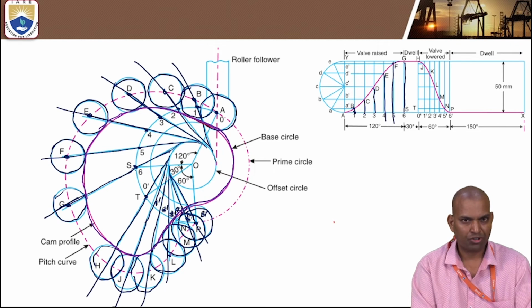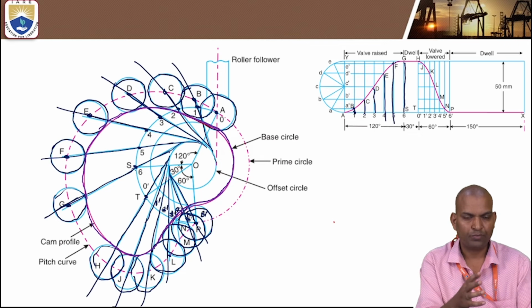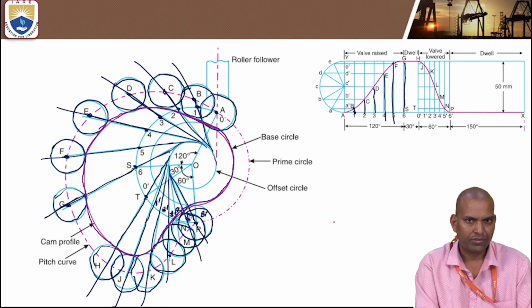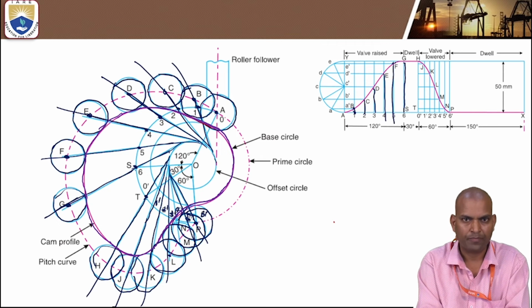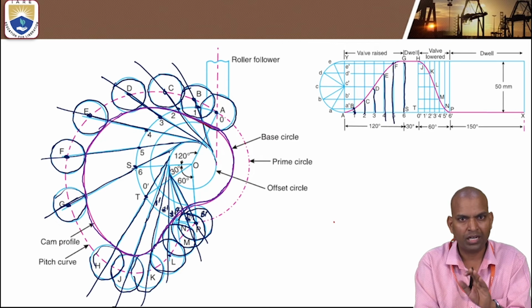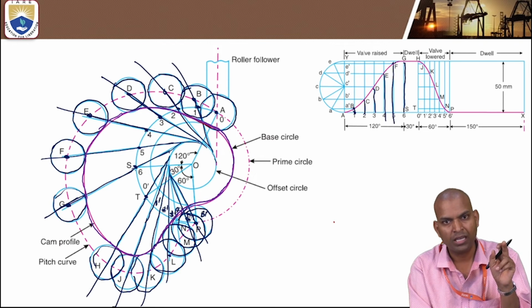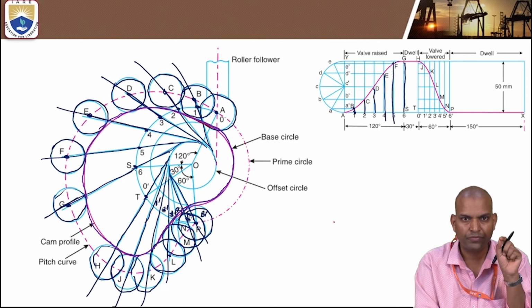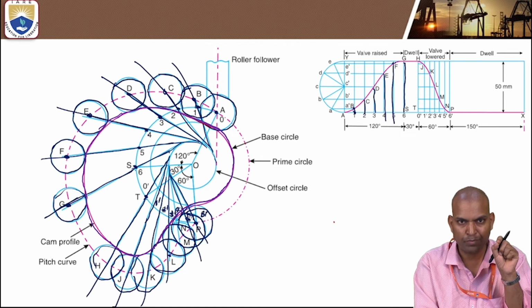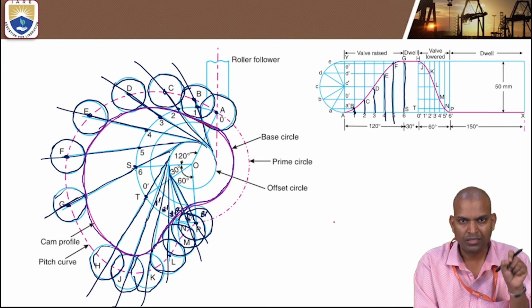I made a mistake in drawing the radial lines I have drawn. That means I followed this for the case of when the axis of the follower is passing through the center of the camshaft. But whereas in the case of offset, we have to draw not radial lines, but tangential lines passing through the division markings on the prime circle.